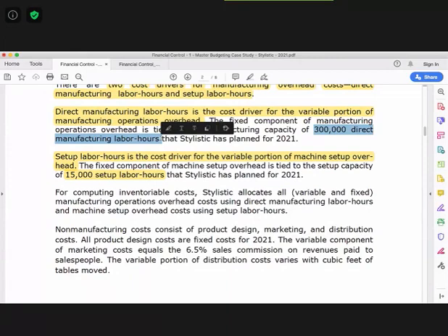So each time we spend 1 labor hour manufacturing, we should allocate a part of the 9 million. Same thing for the setup labor hours. We have identified that during 1 year, we're going to have 15,000 setup hours, and so each time we spend 1 hour setting up, we should allocate a part of the 3 million that we have.